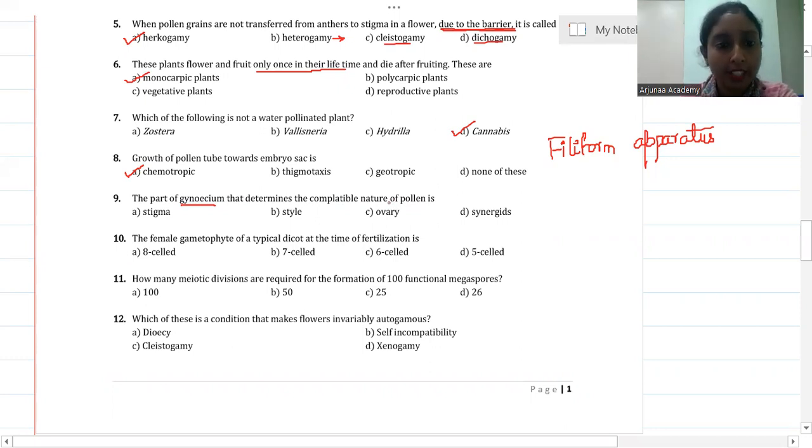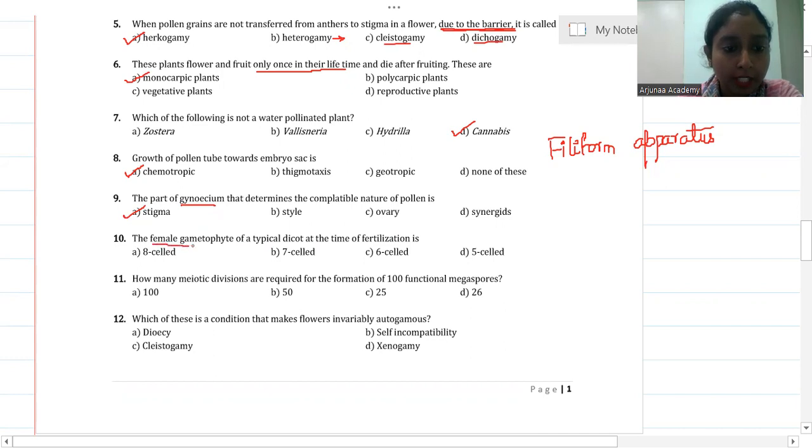That is the question they are asking. The stigma is the landing platform, and the stigma will determine whether the pollen is compatible or incompatible.